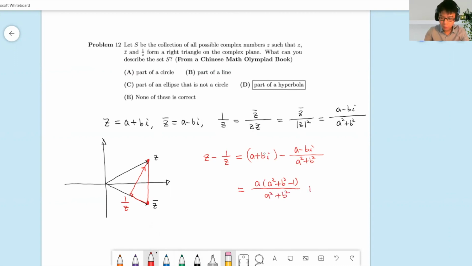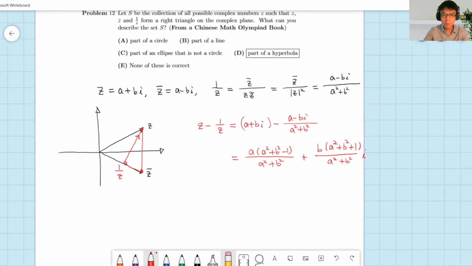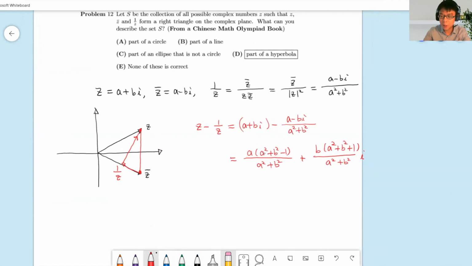And for the imaginary part, it is b times (a squared plus b squared plus 1) over (a squared plus b squared), times i. This complex number is perpendicular to z conjugate, which is a minus bi. Let me mark a few points: let me call this A, this B, and this H.